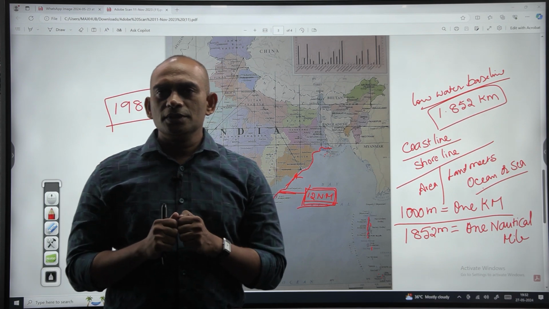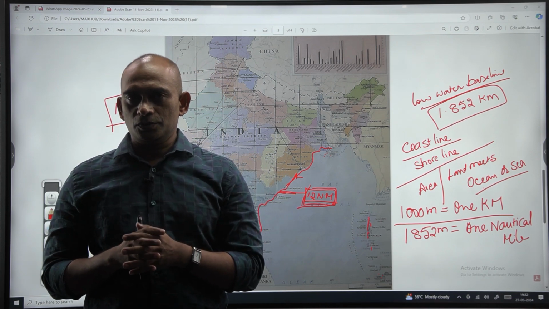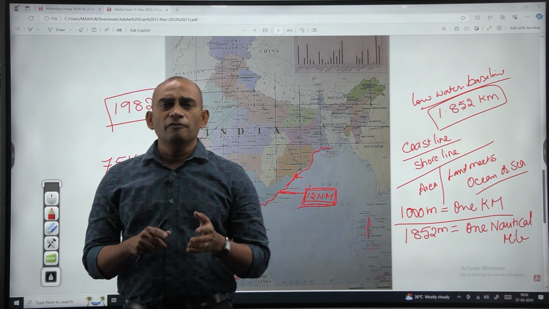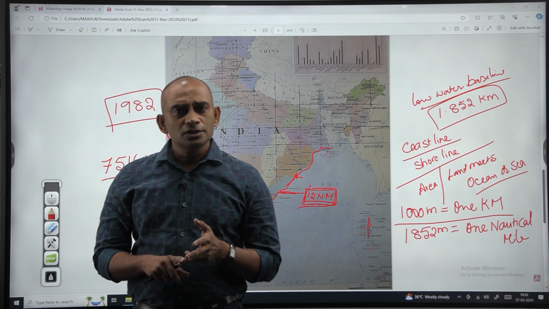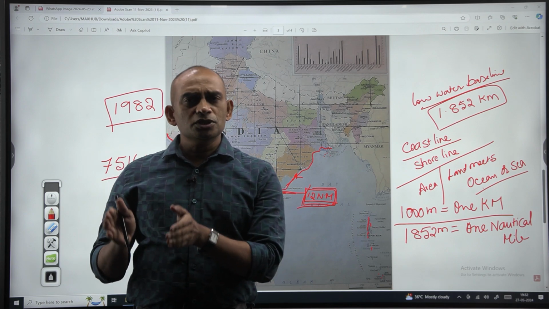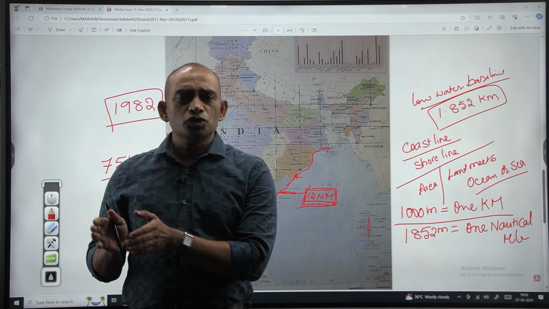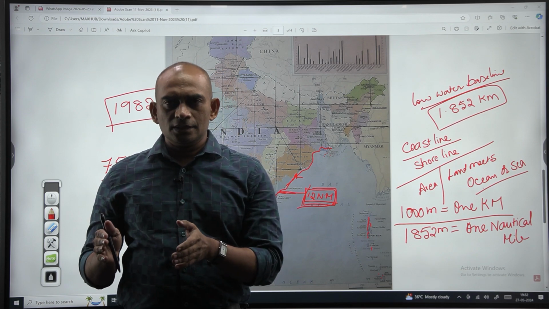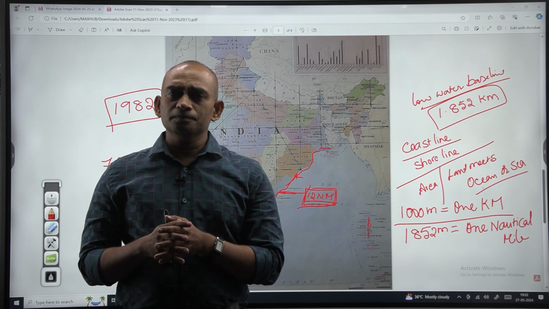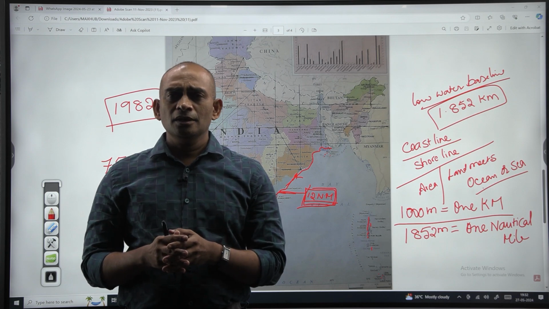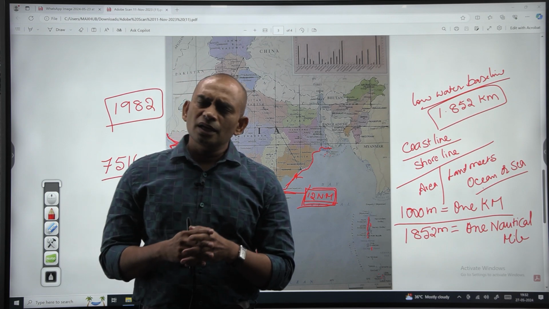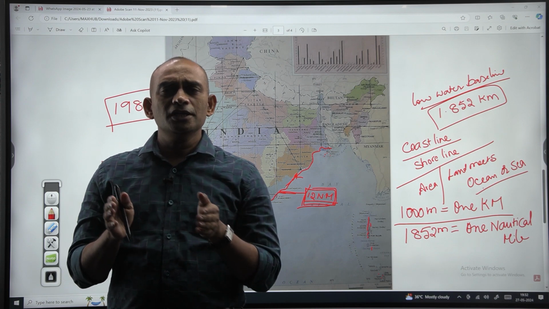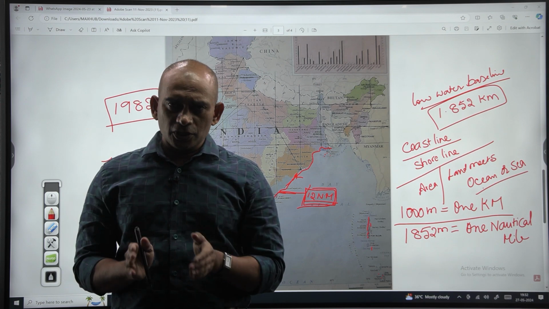Living resources means generally fishes, prawns, and some animals which are present in the ocean or sea. And you may come across many minerals like petroleum, natural gas, manganese nodules, and many more. So all these are non-living resources and living resources.